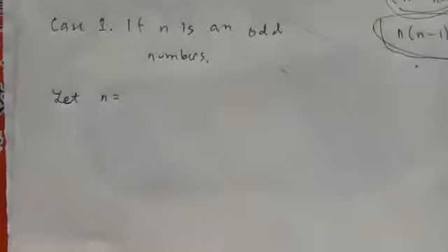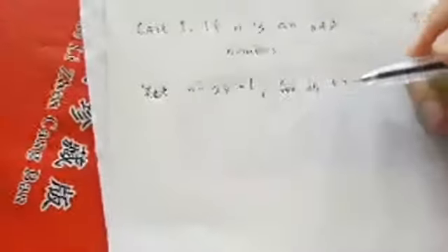to make the problem statement true, let n be equal to the general form for odd numbers, which is 2k minus 1, for all k greater than or equal to 1.